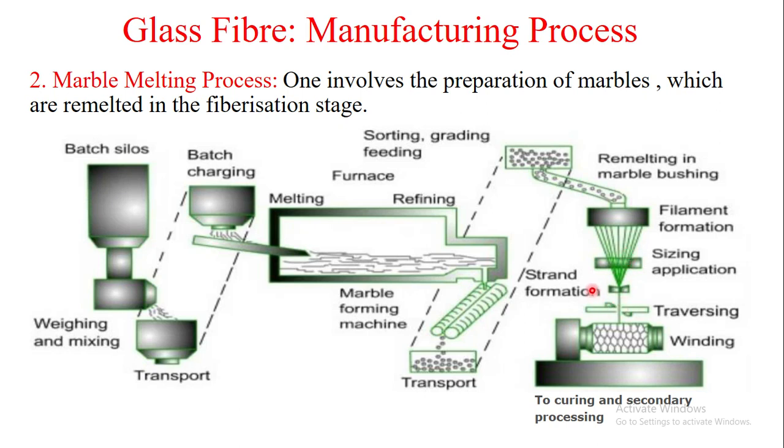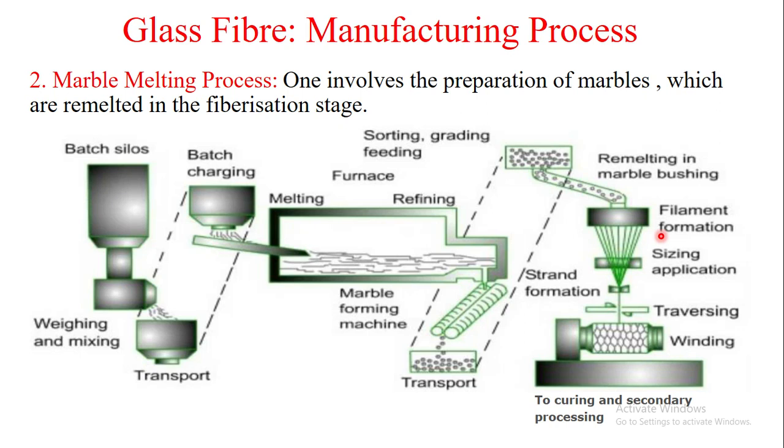Then we have strand formation in here by traversing and winding of the prepared materials. These processes are securing and secondary processing of the manufacturing process of glass fibers. So this full process is known as the marble melting process.